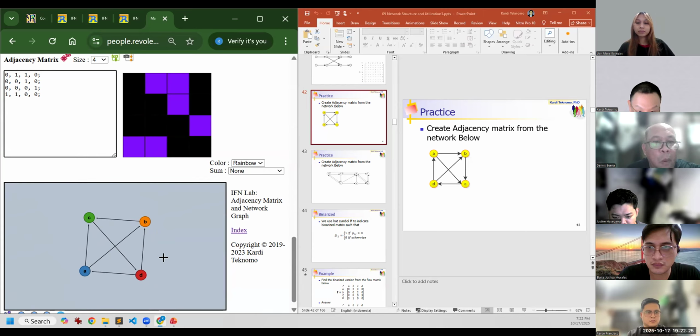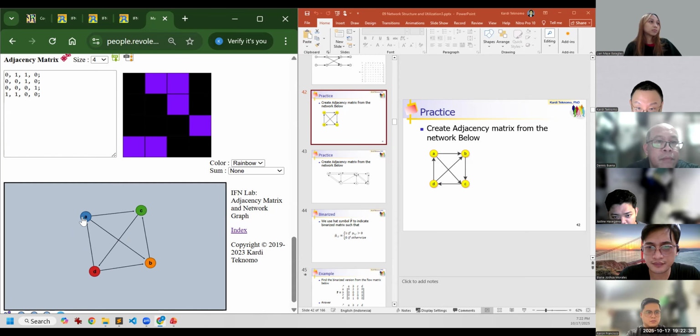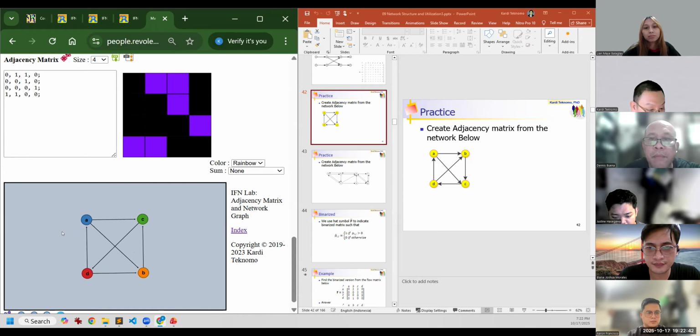If you want it to be exactly the same, you can press the control button and move the mouse here. Using control, I can put it like that, so A is going up. But it is still not exact.